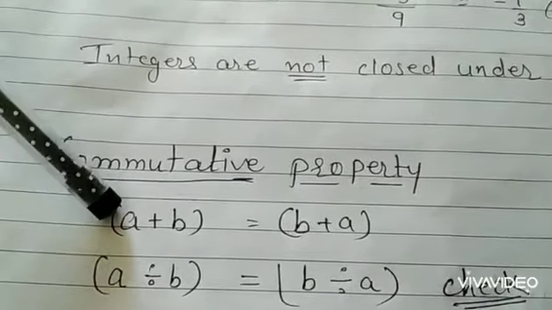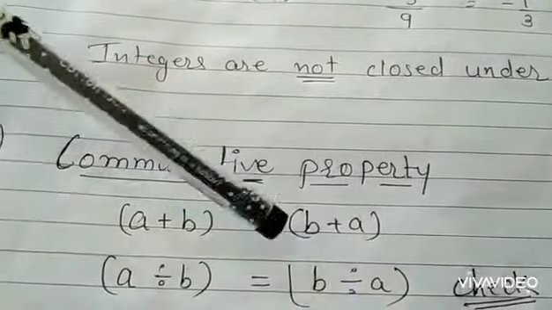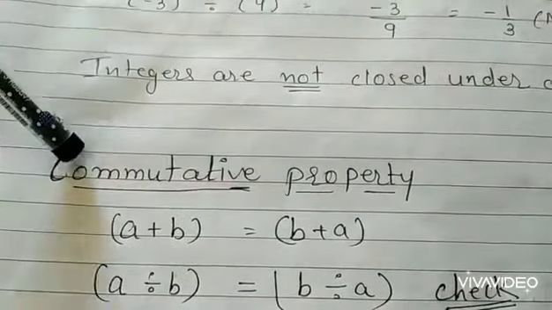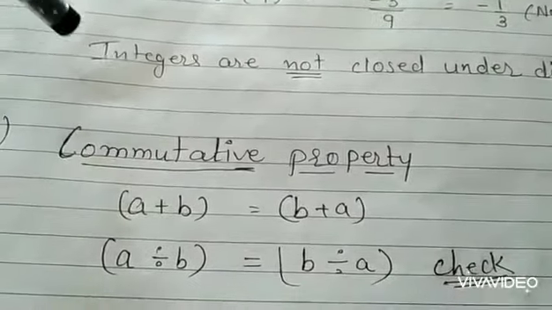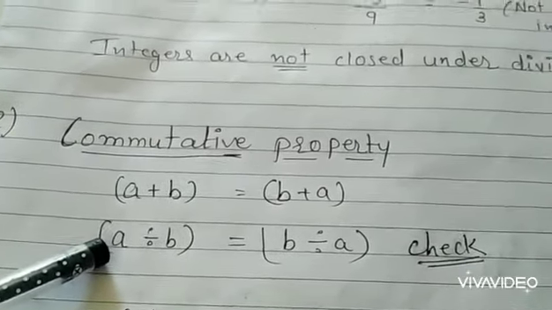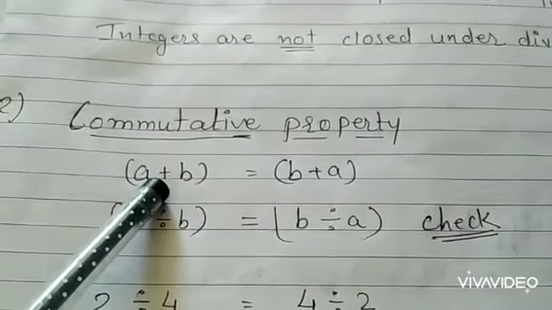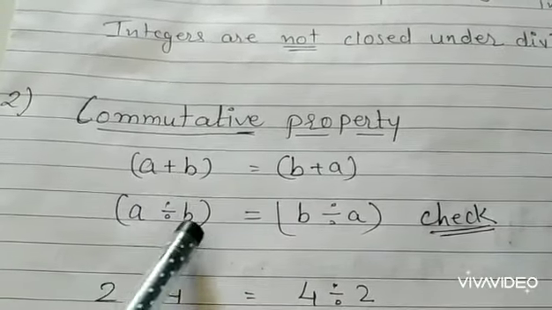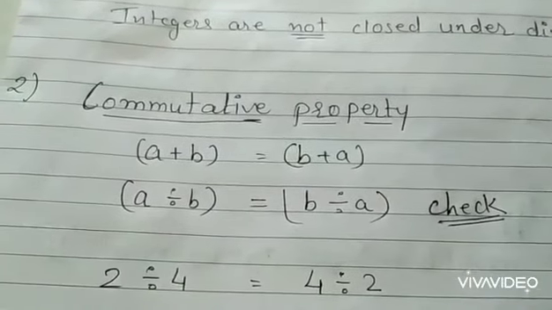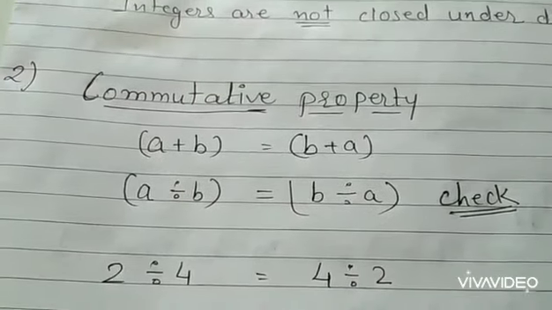Another one is the commutative property. I have written it for addition: A plus B is equal to B plus A. Addition satisfies the commutative property for integers. Now we will check whether division satisfies the commutative property or not. If we take division instead of addition, it will be A divided by B is equal to B divided by A. We will check with numbers: is 2 divided by 4 equal to 4 divided by 2?